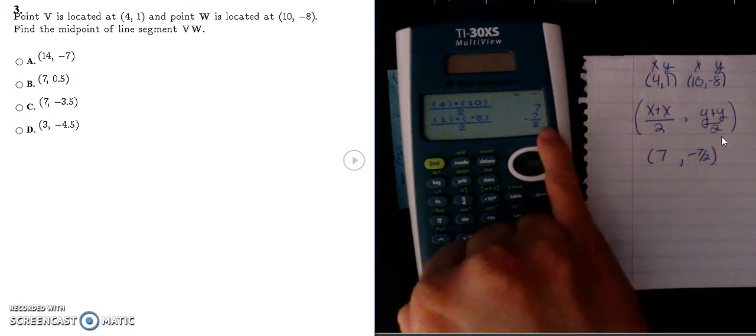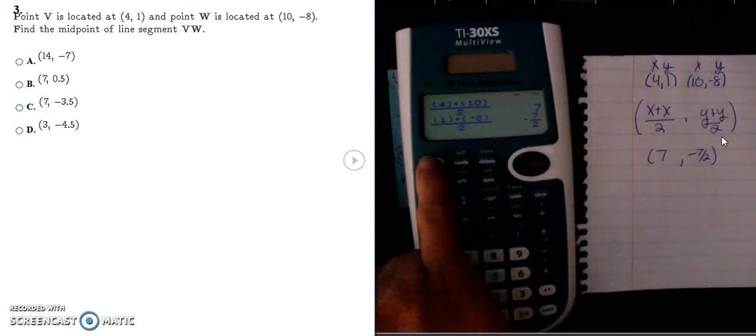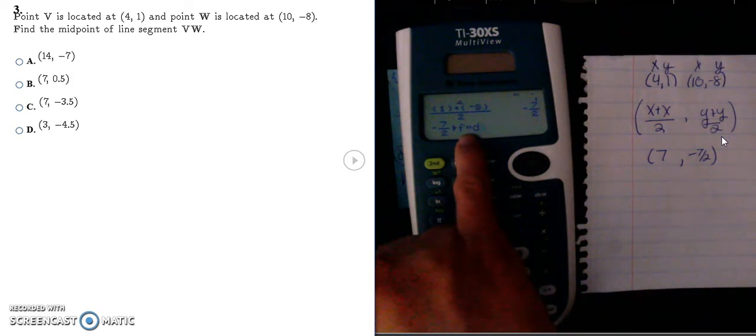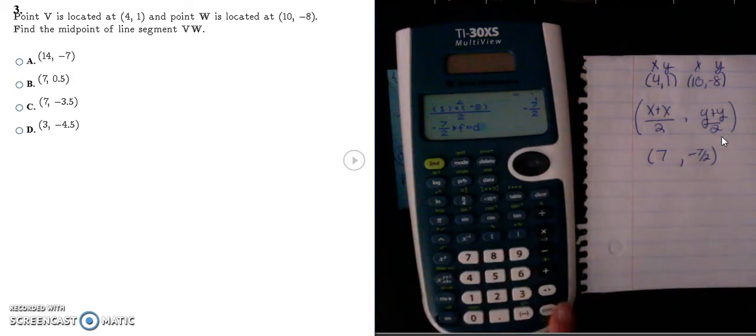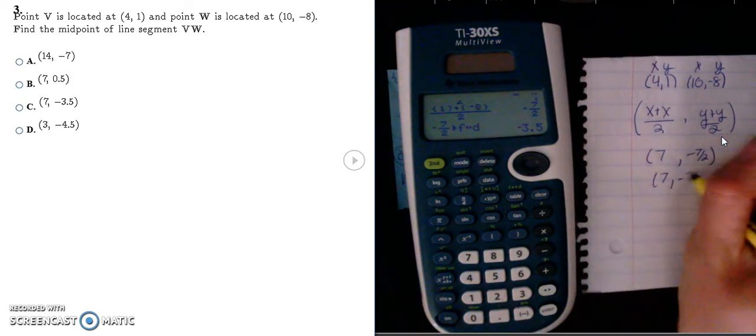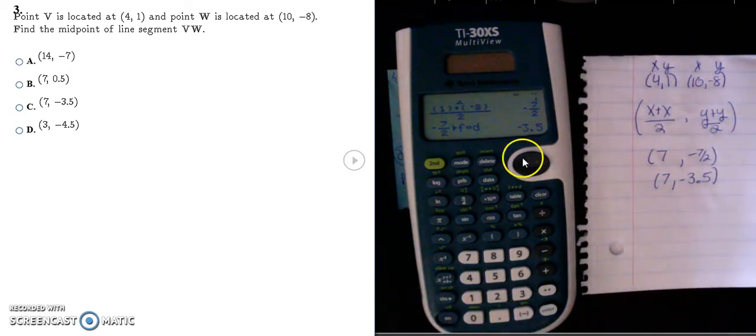Because that was my answer, I don't have to type it in again. I can just press second table to bring up that conversion, press enter again, and there it is as a decimal, -3.5. So my answer here is (7, -3.5), which is choice C.